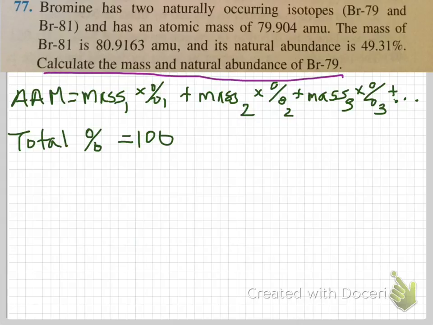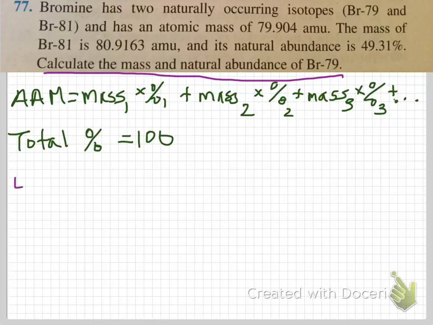Our formula for the average atomic mass is the mass of the first isotope times the natural abundance of the first isotope, plus the mass of the second isotope times the percent abundance of the second isotope, plus the mass of a third isotope if we have one, times the percent abundance of the third, and if we have a fourth isotope, then we do the same thing. We can keep going until all of our isotopes are taken care of. And hopefully you know that the total percentage of our atoms needs to be 100%.